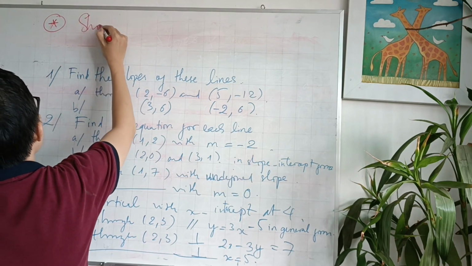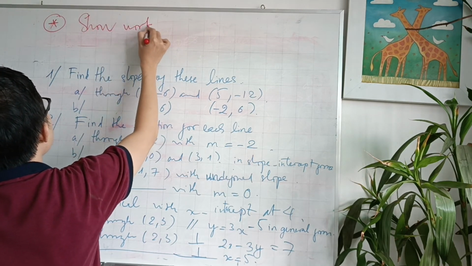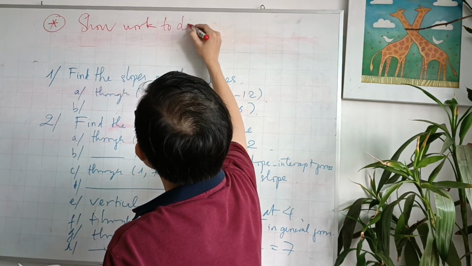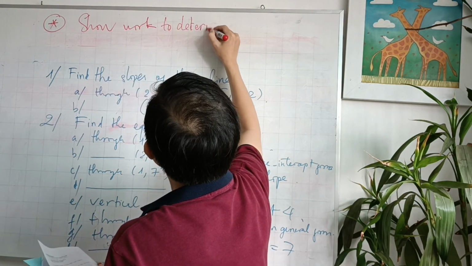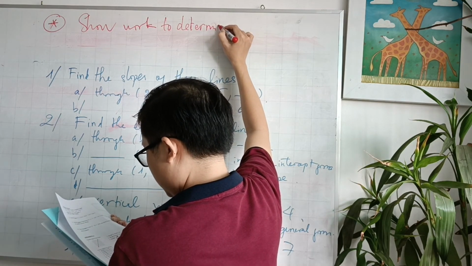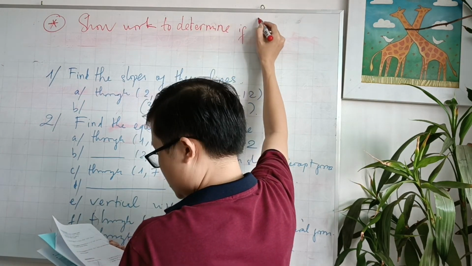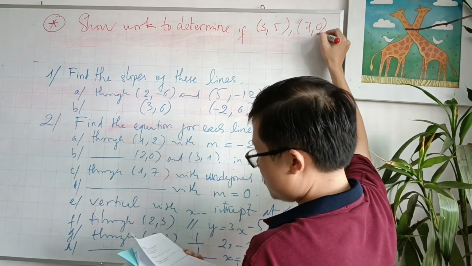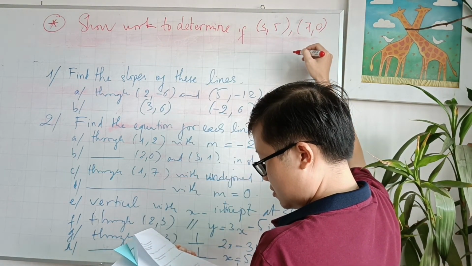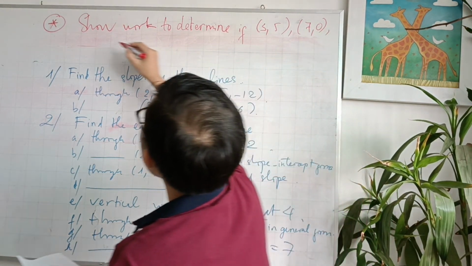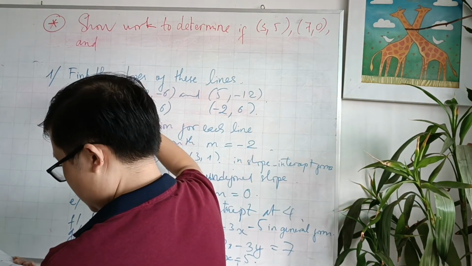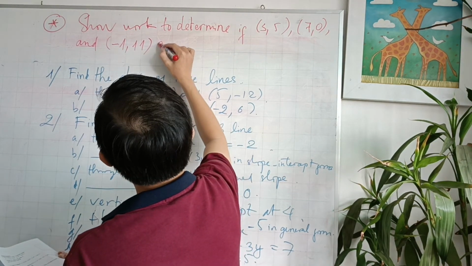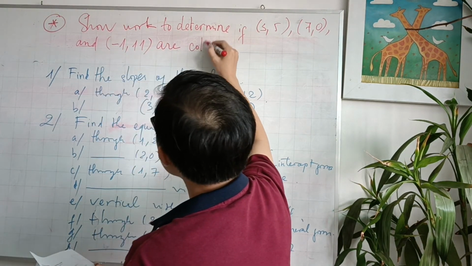Show work to determine if the points 3, 5, 7, 0 and negative 1, 11 are collinear.